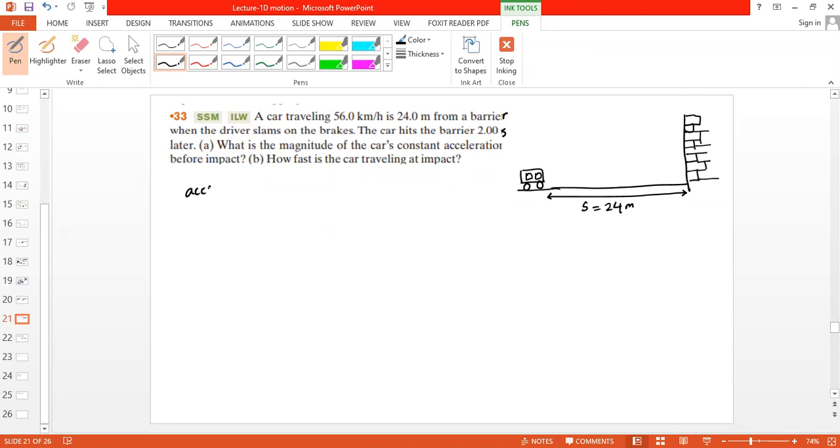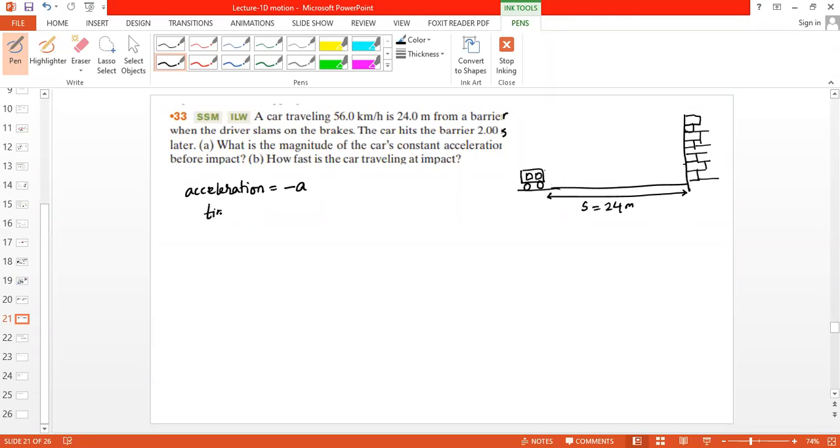So let's say the acceleration is minus a, because she is applying the brake, that is negative acceleration. And because of that, the car hit the wall after t equal to 2 seconds.